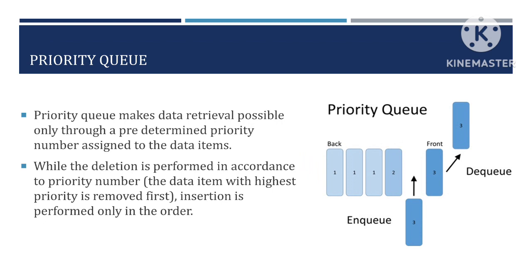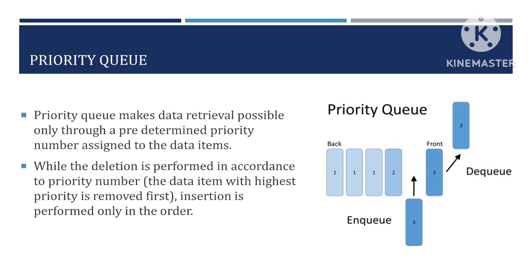Now the fourth type is called priority queue. It is a special type of queue. In a priority queue, data retrieval is possible only through a predetermined priority number assigned to particular data items. That means every data item in the queue is already assigned a predefined priority number, and based on that number we can retrieve or delete data from the queue.